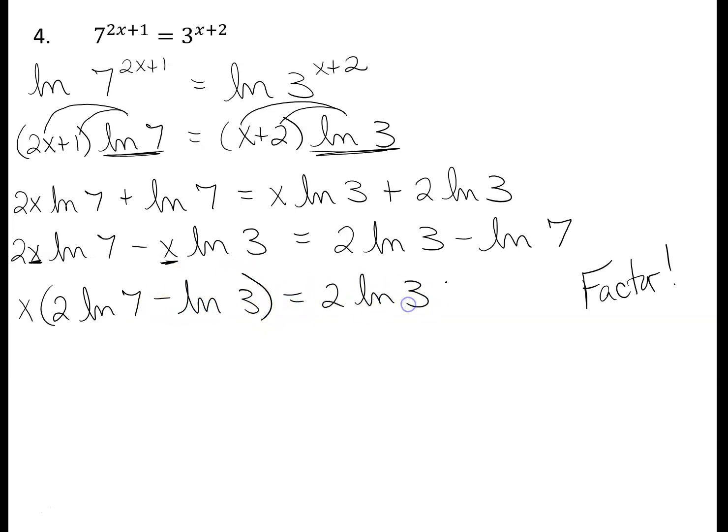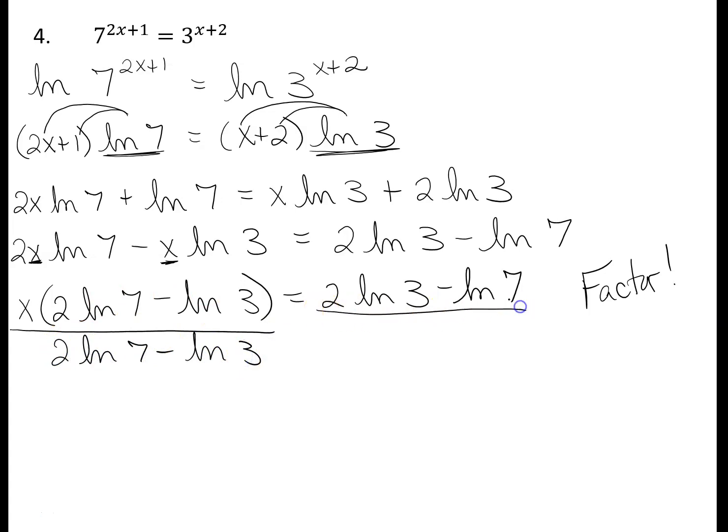I cannot actually combine those. Then I can get x all by itself by dividing by what I have inside the parentheses. Divide both sides by that. And now my x is all by itself.